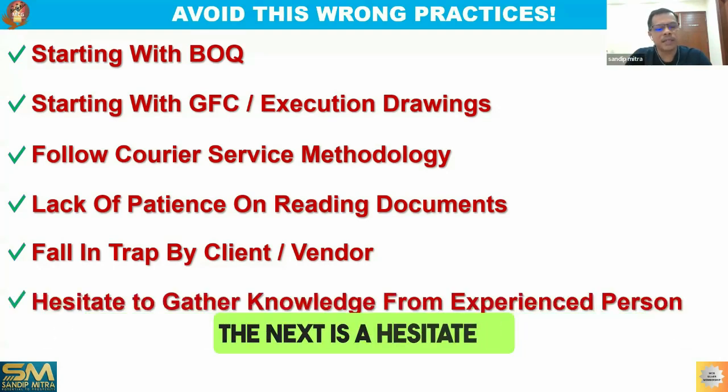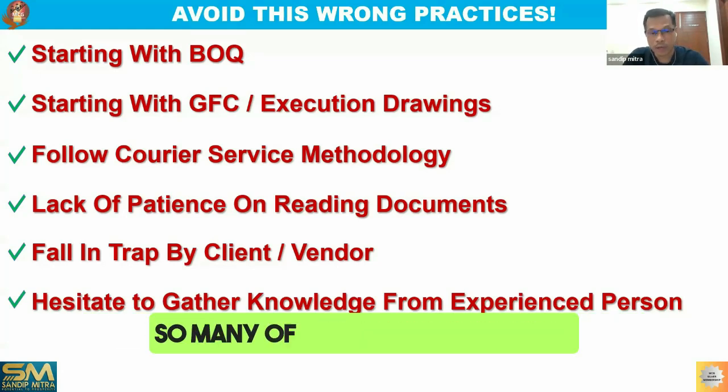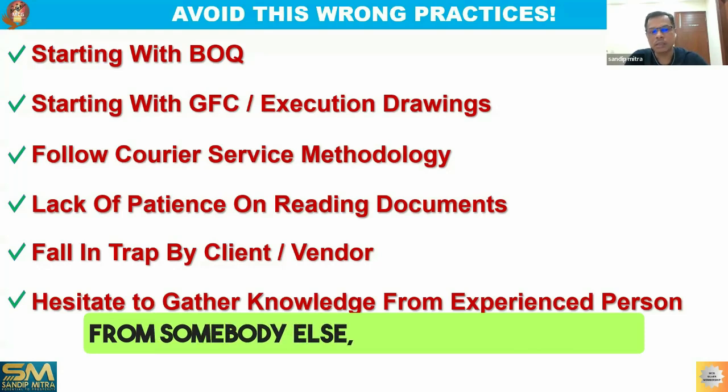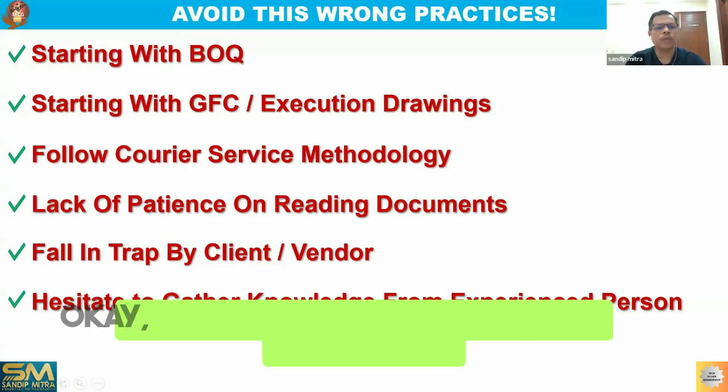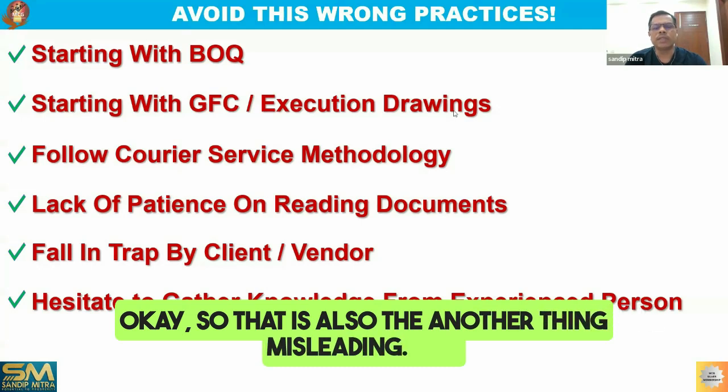Now next is hesitating to gather knowledge from experienced persons. Many of us hesitate to learn from somebody else, from our co-workers also, who are already there in that particular company or your project. Okay, so that is also another thing. Misleading, yes.